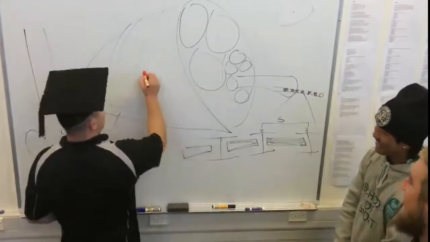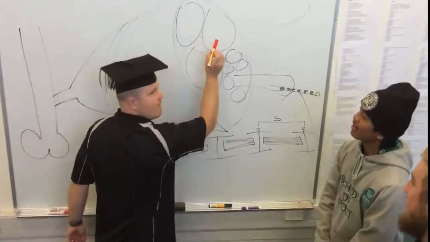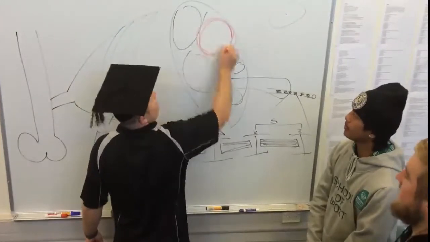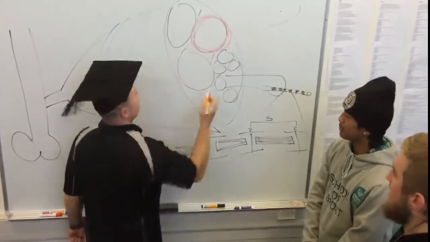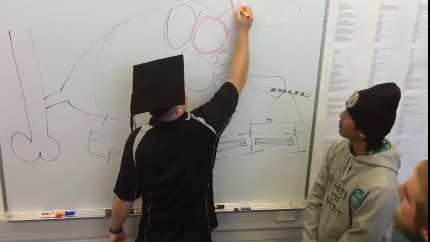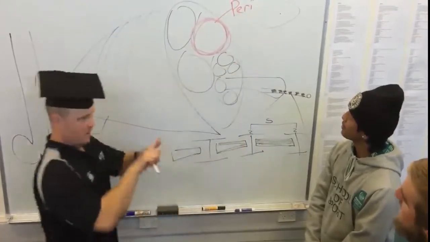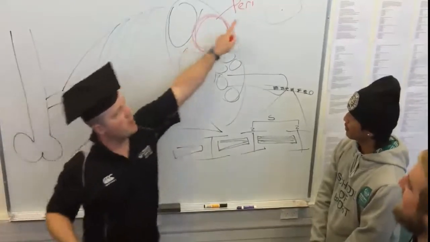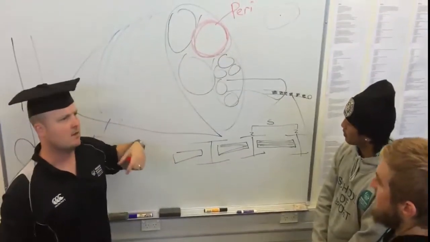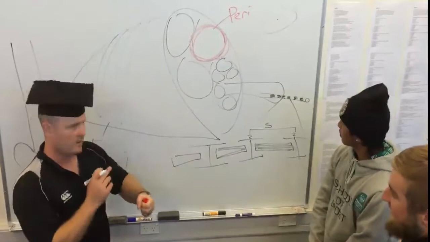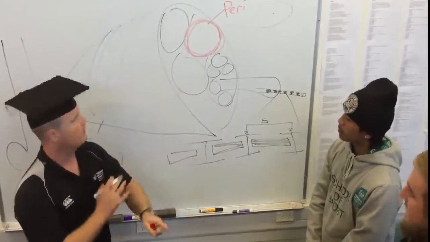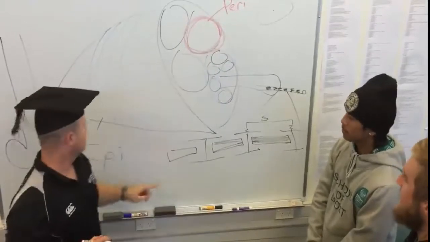Then, the muscle is broken into fascicles. So what's the thing that goes around the fascicle? Perimysium. Gorgeous. So peri means around. So perimysium, the glad wrap stuff, around the fascicle. Good. Perimysium, round muscle.